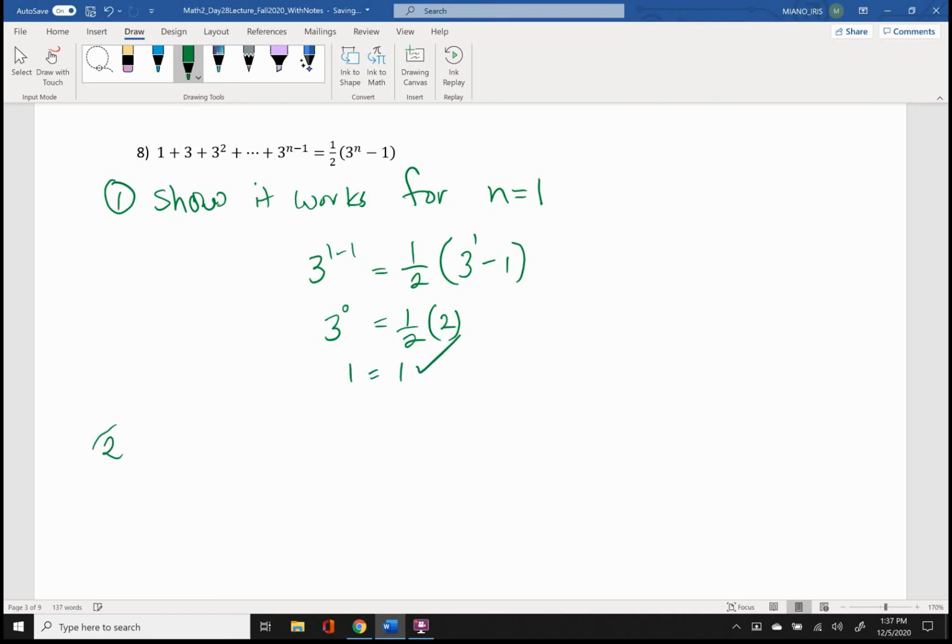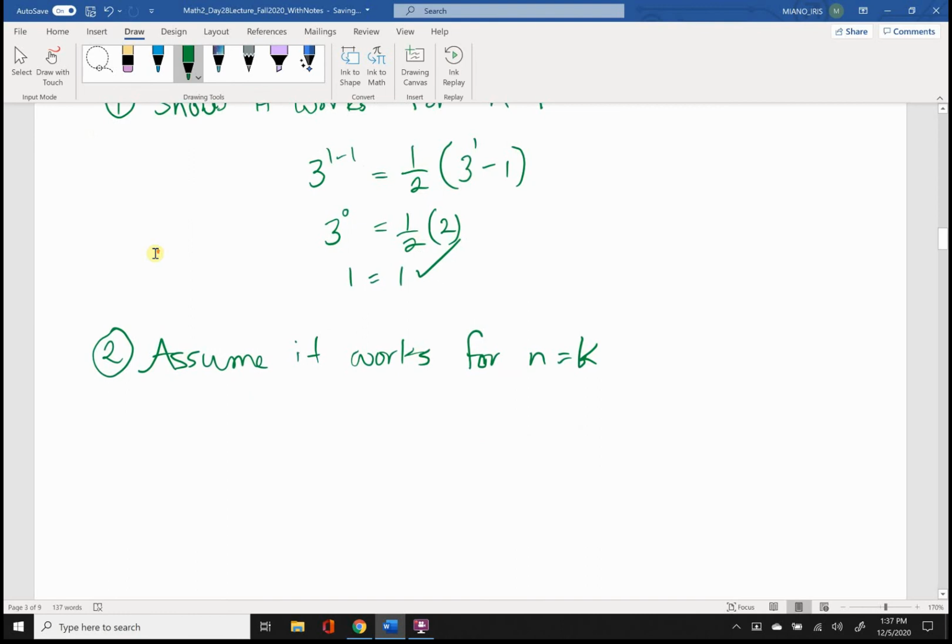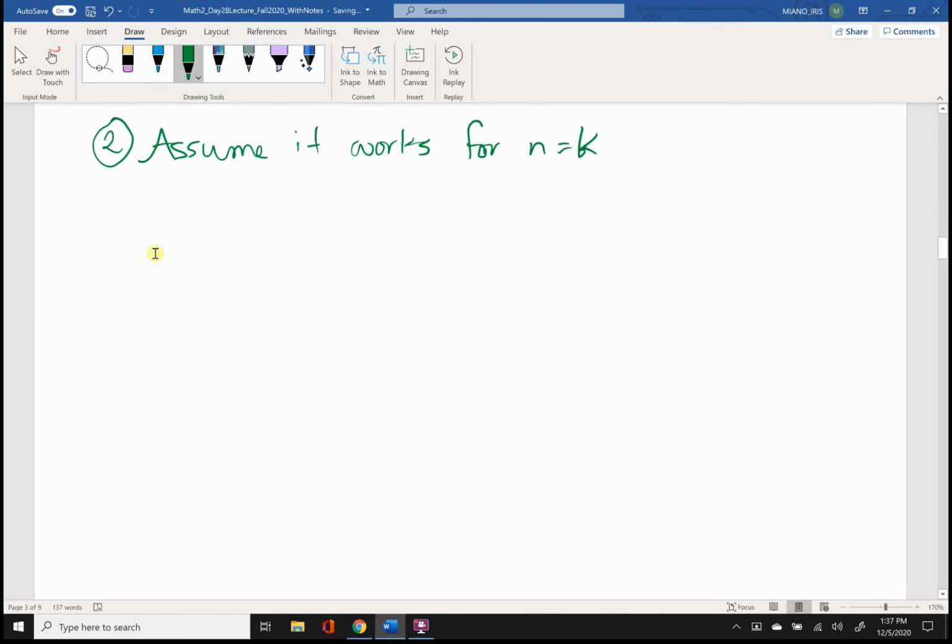Cool. Number 2. Now we get to assume that it works for n equals k. This is the easy part. Just go ahead and rewrite the relationship given to you, but with k's instead of n's. It's literally that simple, step 2.